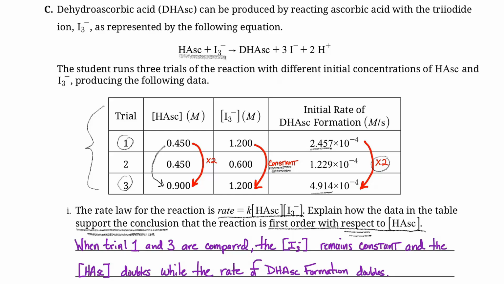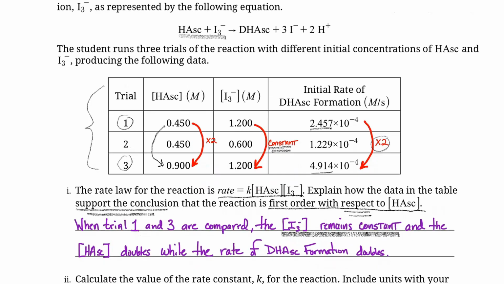Very importantly, talk about your trials. Trial 1 and trial 3 are compared, as I said. We're keeping the triiodide constant, and of course you need to say that. Missing that, you miss this point. You have to keep that constant while the ascorbic acid doubles and the rate of formation also doubles.